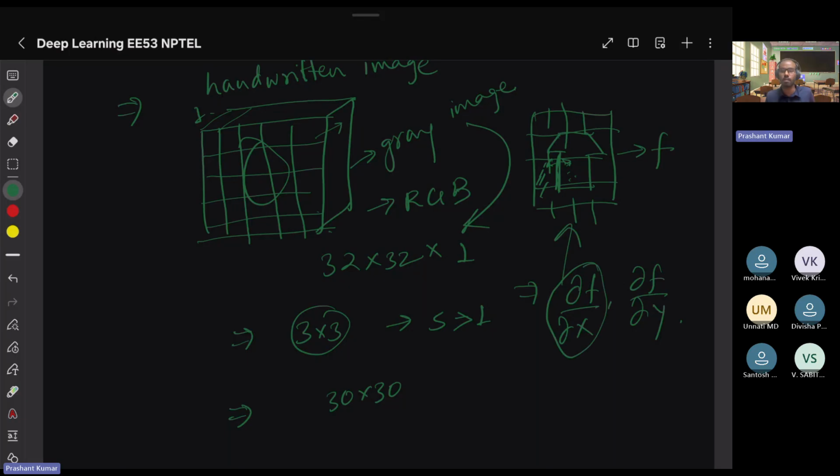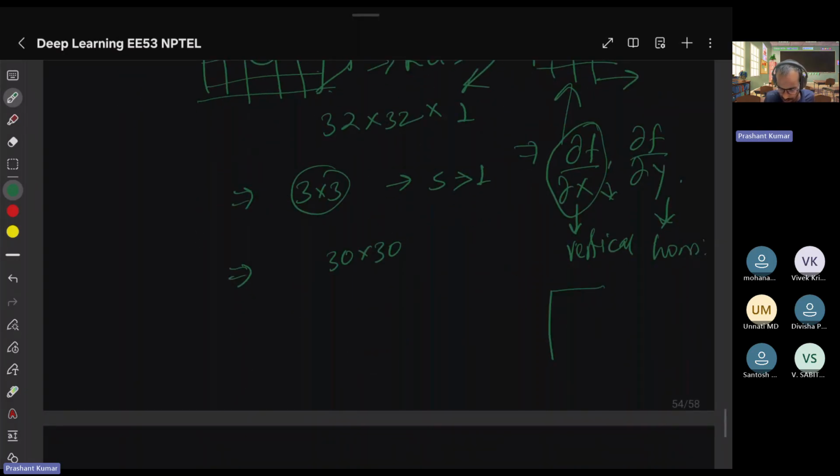So this will pop up the vertical edges, and this will pop up the horizontal edges, right?